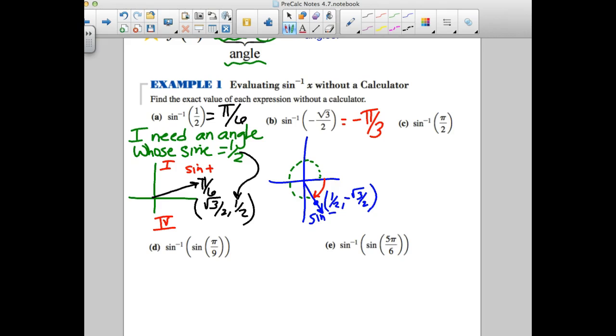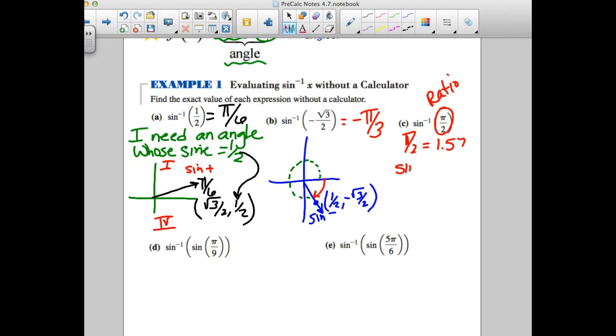Question C says we want the angle whose sine is π/2. Now, this kind of looks like an angle, but remember, we are taking the inverse sine of a ratio to get an angle as our answer. So let's think of π/2 as a decimal. If you take pi divided by 2, you get 1.57.